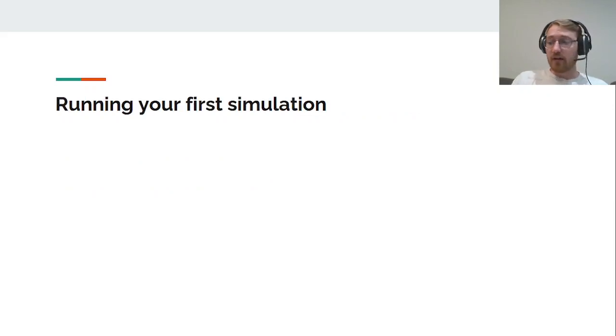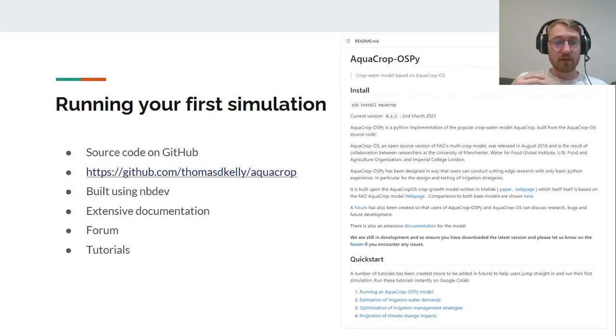So, running your first simulation. You'd want to go to the source code on GitHub, and in the README you'll find a bit of model description and some links, and you will also find at the bottom a bunch of Jupyter notebook tutorials.